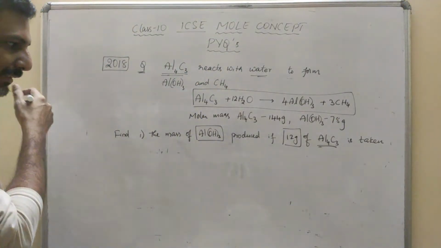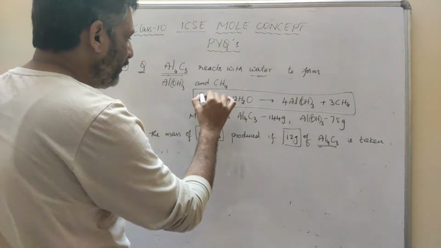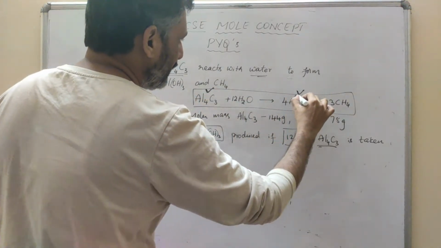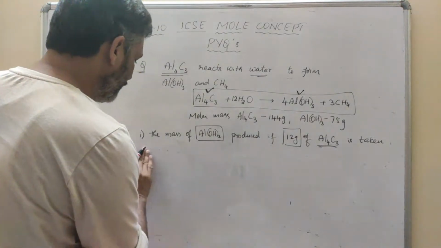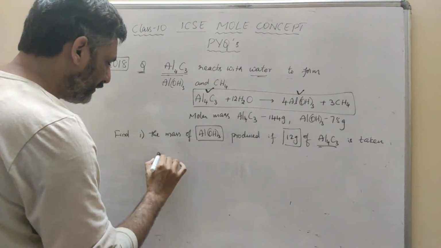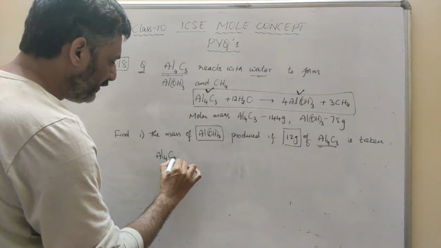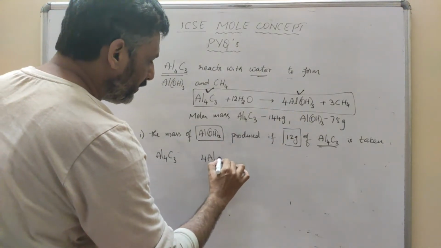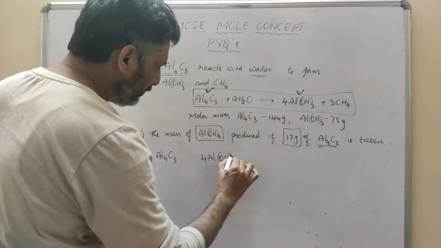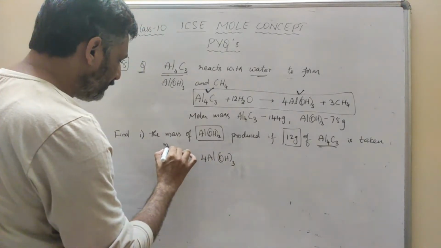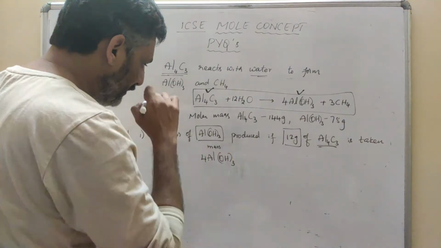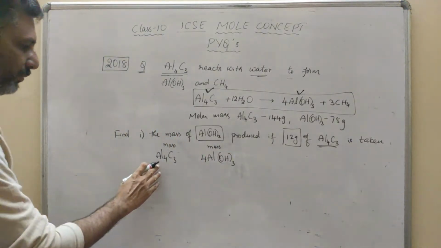So the relation is between aluminium carbide and 4 moles of aluminium hydroxide. And this is a mass-mass relation.